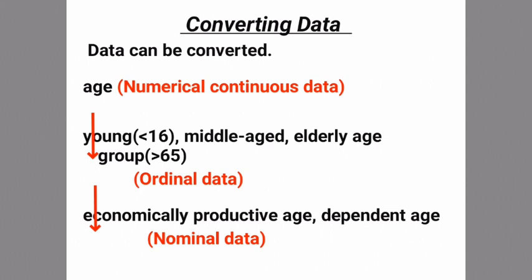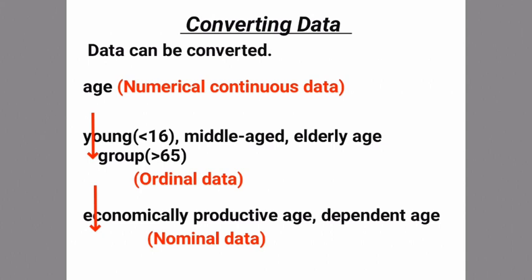Then we can continue to classify age as economically productive age group and dependent age group, as subjects in the young group and elderly age group are dependent on others. Now those two categories are nominal data with two categories. In this process, numerical continuous data was converted into ordinal data and then into nominal data.